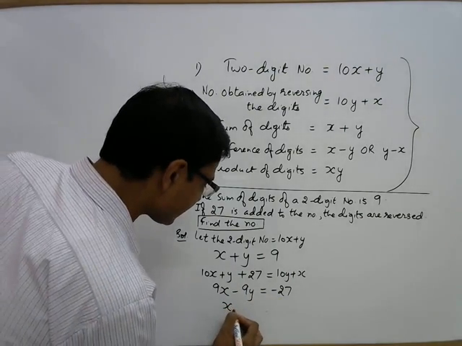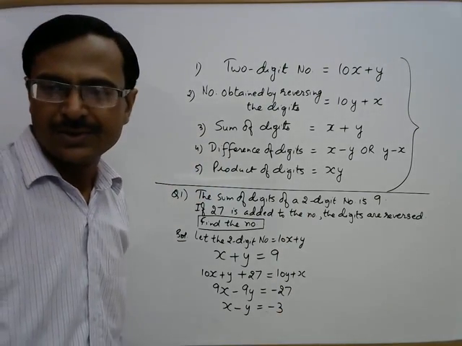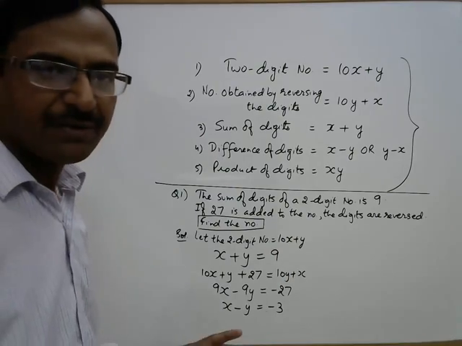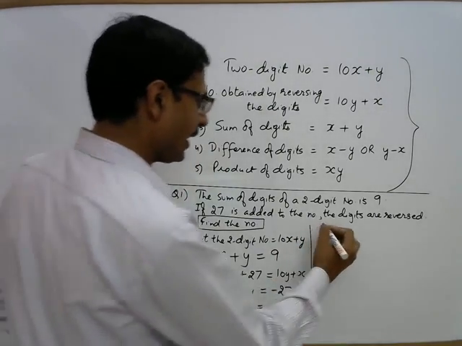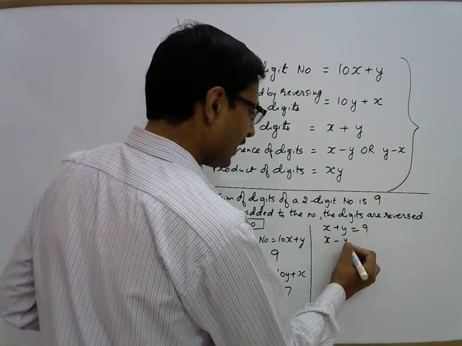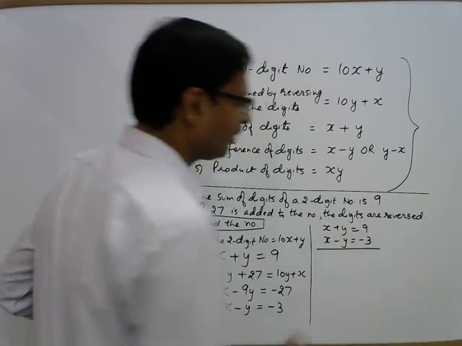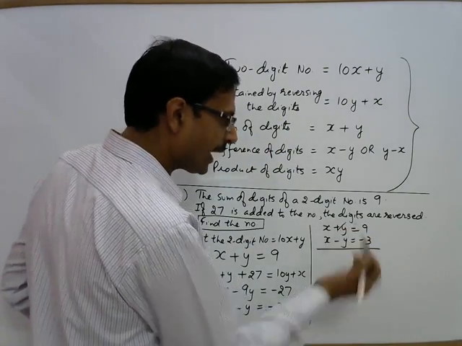This will become x minus y equal to minus 3. So here we are, students. We have the two equations. The equations are x plus y equal to 9 and x minus y equal to minus 3, in which the coefficients are already equal. We can just subtract or add.